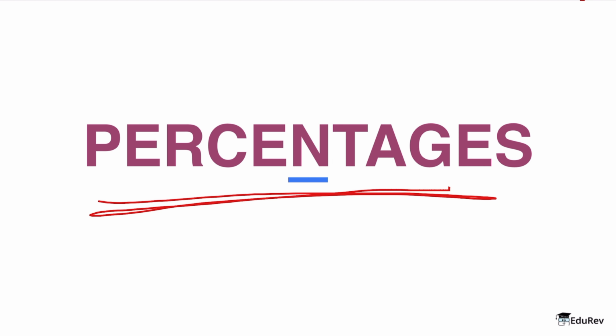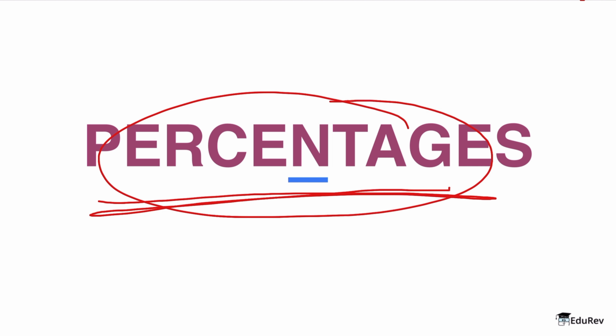Now, in my opinion, the chapter on percentages forms the most important chapter, of course, apart from number system, in the syllabus for your CAT examination. The importance of percentages can be told by the fact that there are a lot of questions related to the use of percentage in all the chapters of commercial arithmetic.